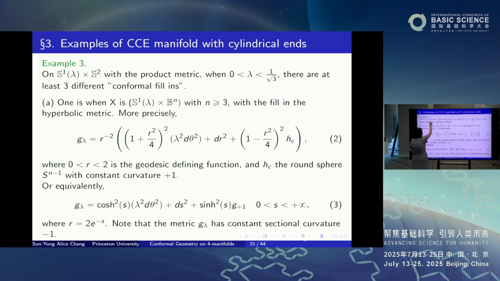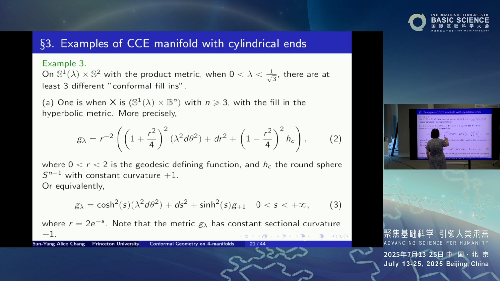Okay, so B^3. So we develop S^2 to become B^3. And then that's the conformal filling in. And in this case, one can write down the metric. Here is the B^3 metric like before.